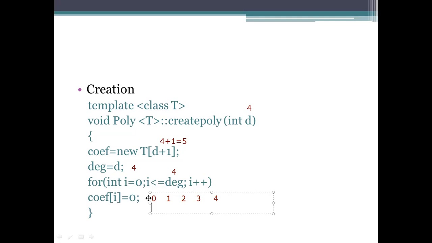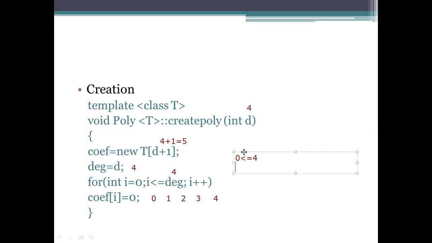So for int i equals 0, i less than or equal to degree. The i value is 0, and it will be compared: 0 less than or equal to 4. As it is true, then what is it doing?